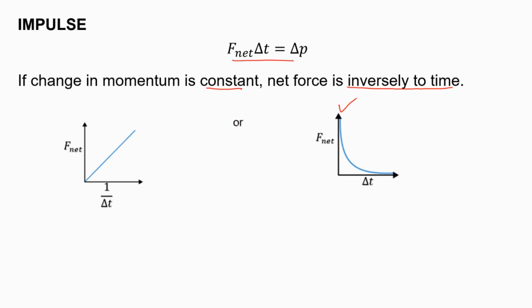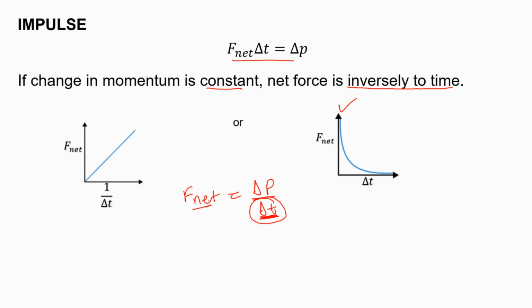Let's go back to this one, which says F net is equal to delta P over delta T. So delta T is the denominator. If the denominator increases, then the value of the fraction decreases. So from here you can see that if time increases, then F net is going to decrease.